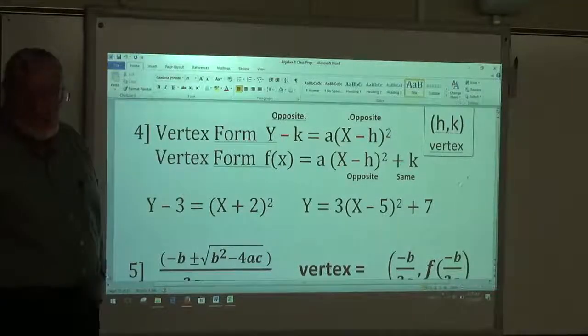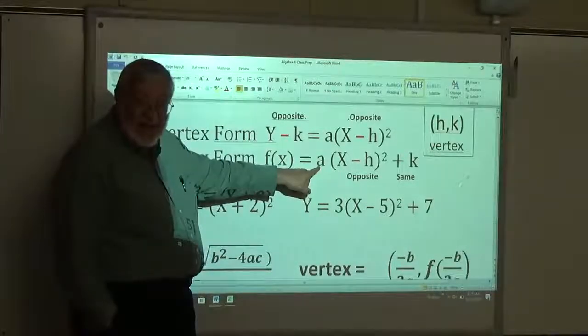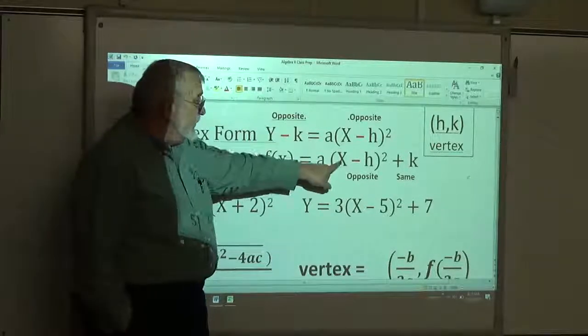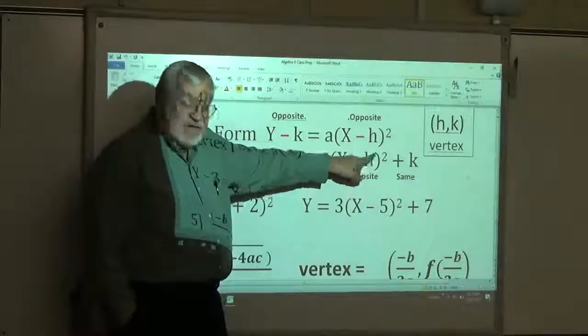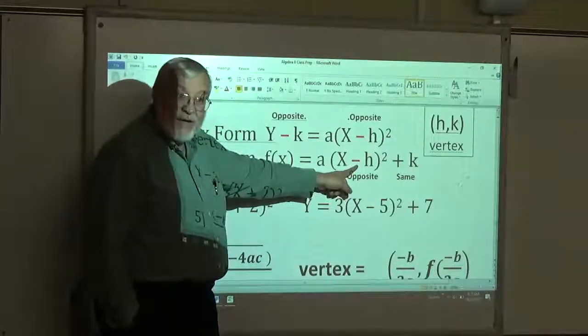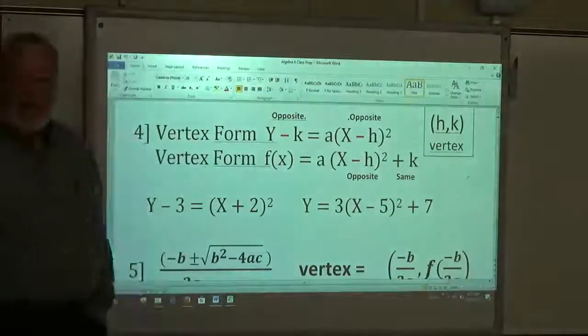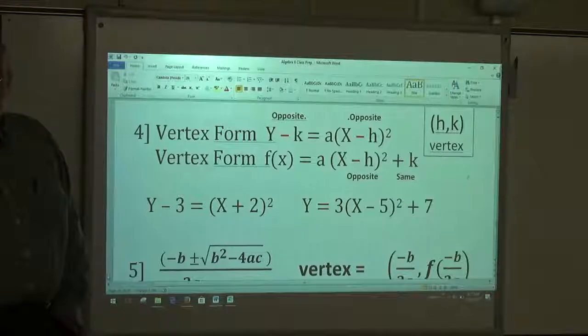Got it. Right? And so if the k is over there, then you have a times x minus h squared plus k, and then the opposite of the number inside, the same number outside, produces the vertex. Okay?